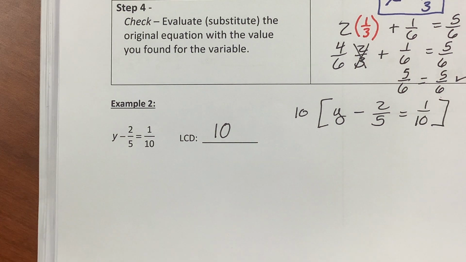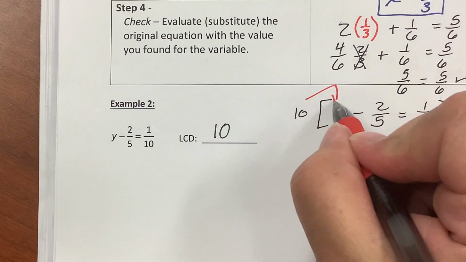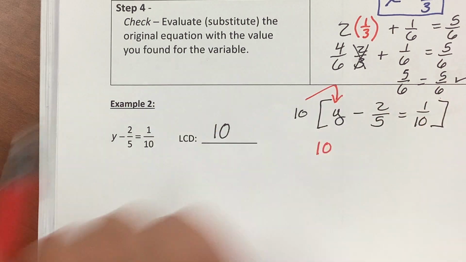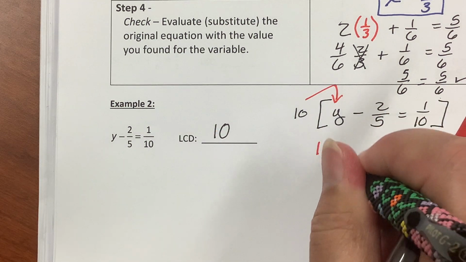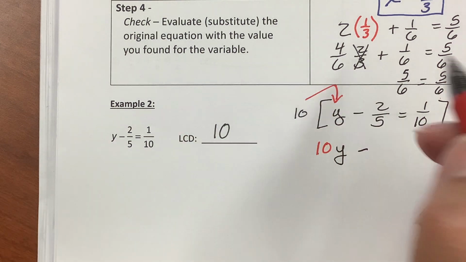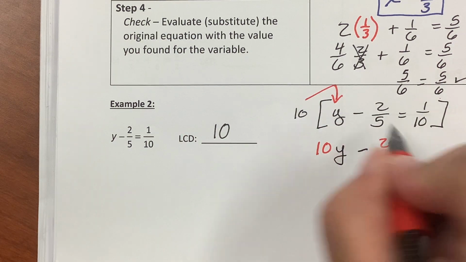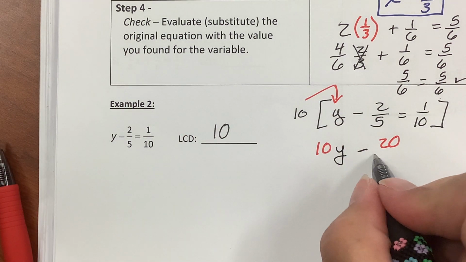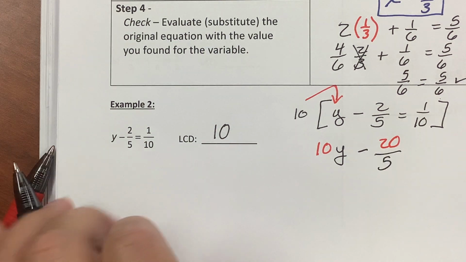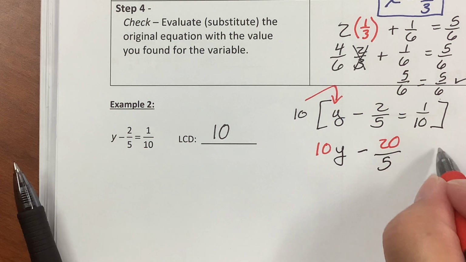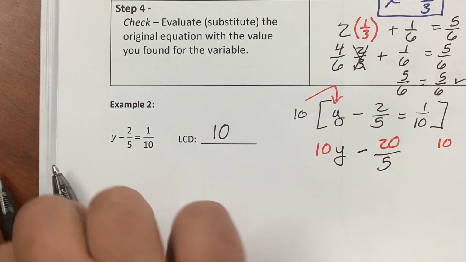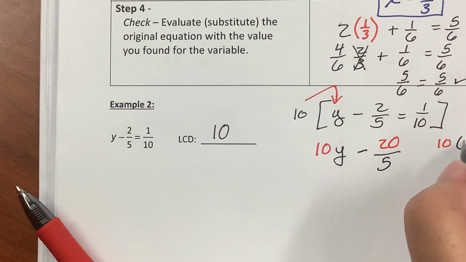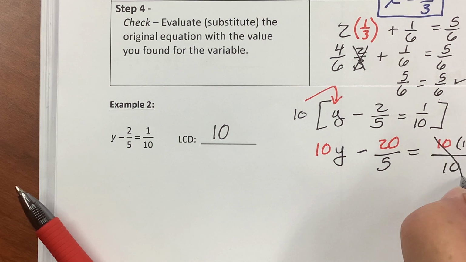So let's see. 10 times y, 10y, minus 10 times 2 is 20 over 5. And the last one, I'm just going to leave it as 10 times 1 over 10, because then that can just cancel.